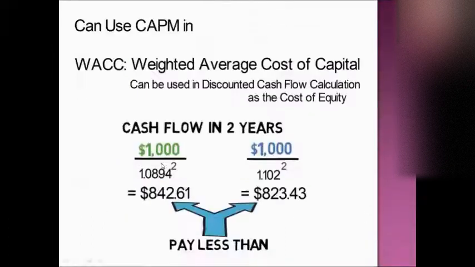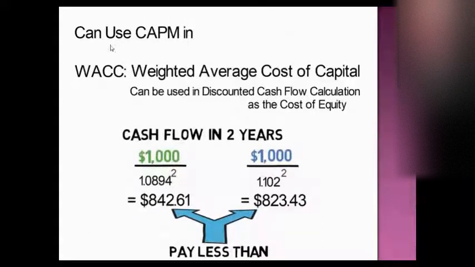So next. Since we already have the CAPM for Facebook and for Apple, the next question now is, where are we going to use this CAPM? Okay, so CAPM, class, is being used to compute naman the WACC, or short for weighted average cost of capital, wherein WACC again can be used naman in discounted cash flow calculation.